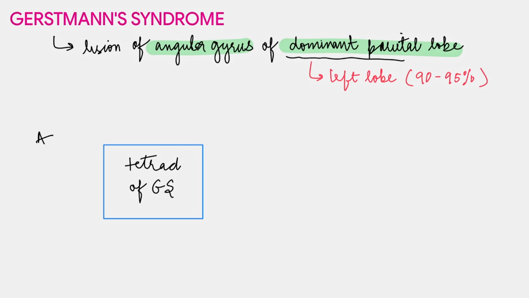First, you'll have agraphia. Agraphia is the inability to write sentences. Then you'll have acalculia, the inability to perform simple arithmetic calculations. Emphasis on simple. You can't just give them a complicated physics problem and expect them to solve it.